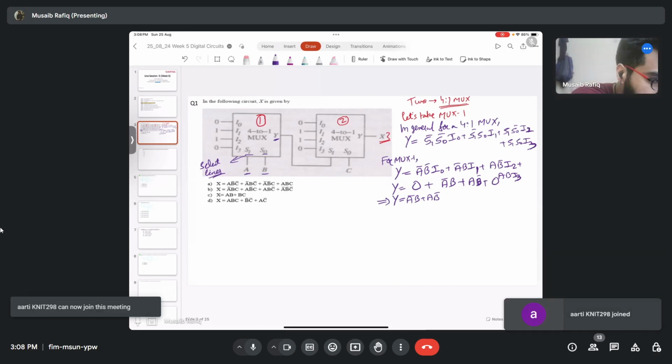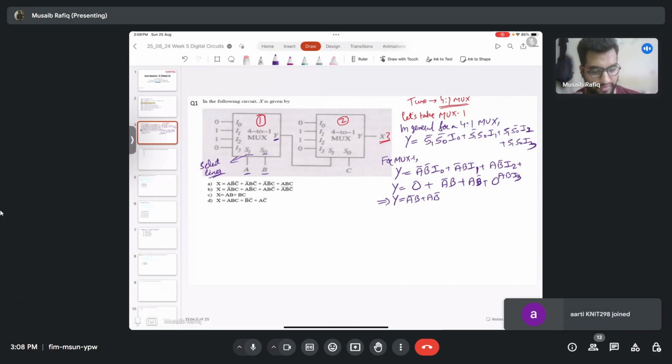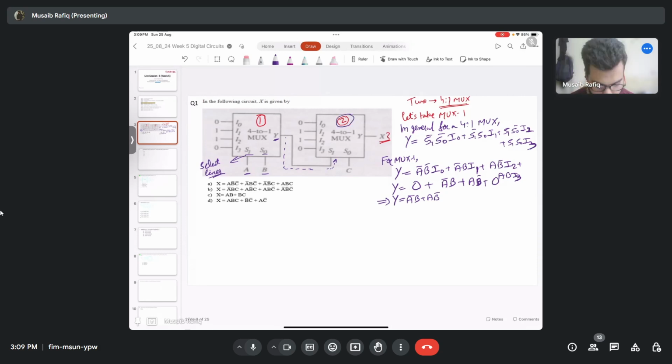Now this output Y is going as a select line to mux 2. So for mux 2, X, that is my output right here, will be equal to S1 bar S0 bar I0, again writing the general expression for a 4:1 mux, then S1 bar S0 I1, then S1 S0 bar I2, and finally S1 S0 I3.